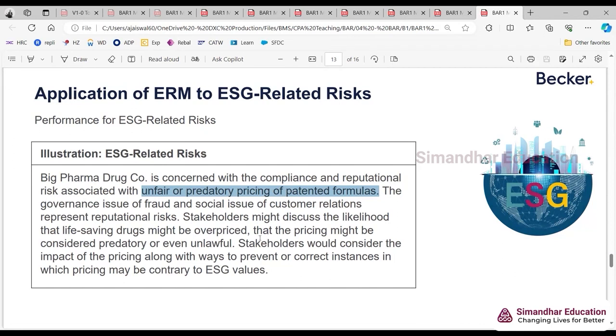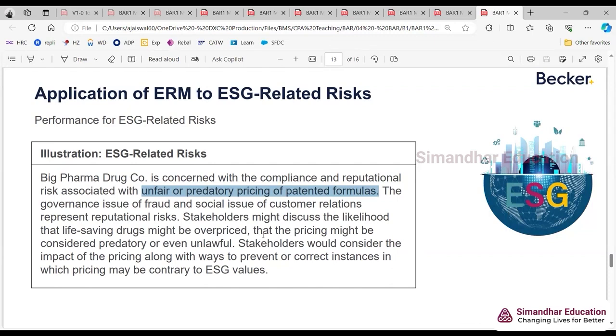The company was selling it at a reasonable price, so it was all fine. Then that company got sold out, a merger or acquisition happened, and the new company which took over increased the price like 100 times or something. I don't remember actually, but it increased multifold.